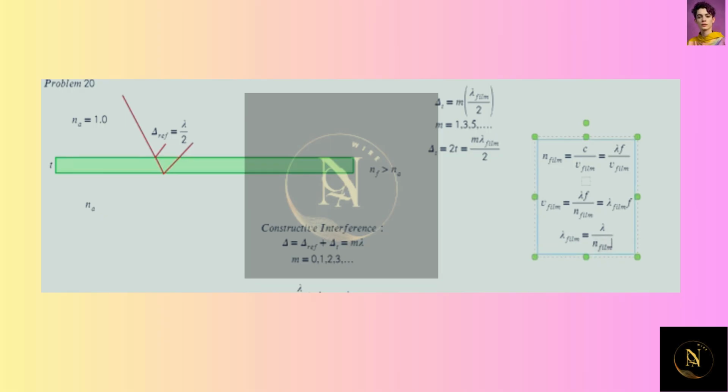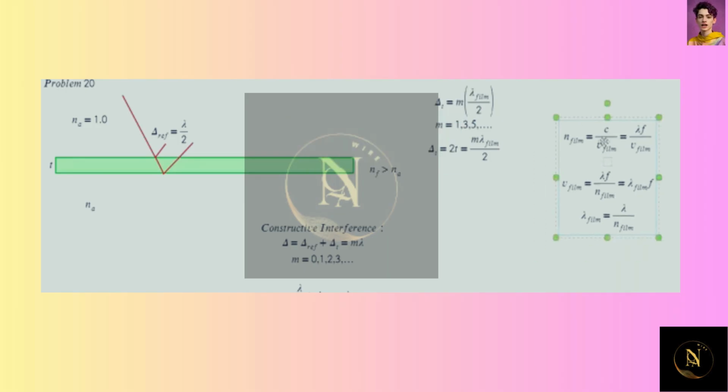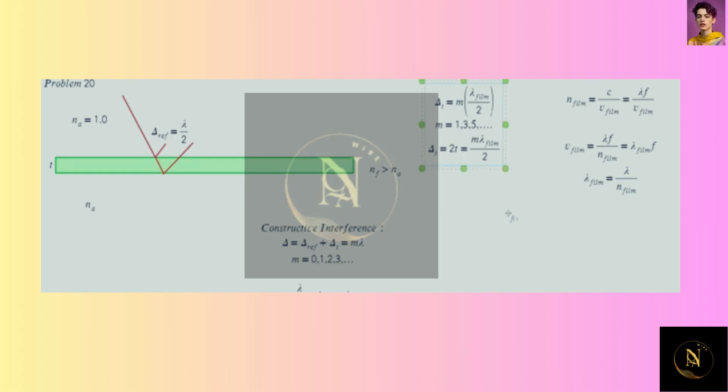And we're going to go ahead and grab this value and plug it in here. This expression tells us that the thickness of the film is proportional to the wavelength that constructively interferes upon the reflection here.